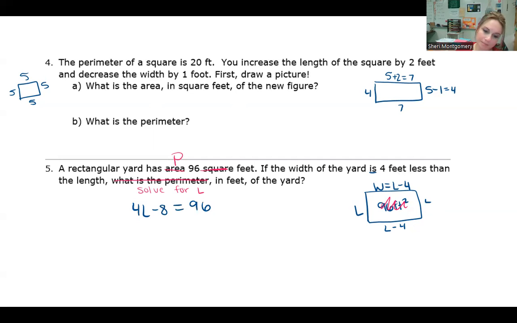I didn't like it. We have to do it in the other order. First, instead of subtract 8, we have to add 8. Always have to do addition, subtraction first. We got 96 plus 8.